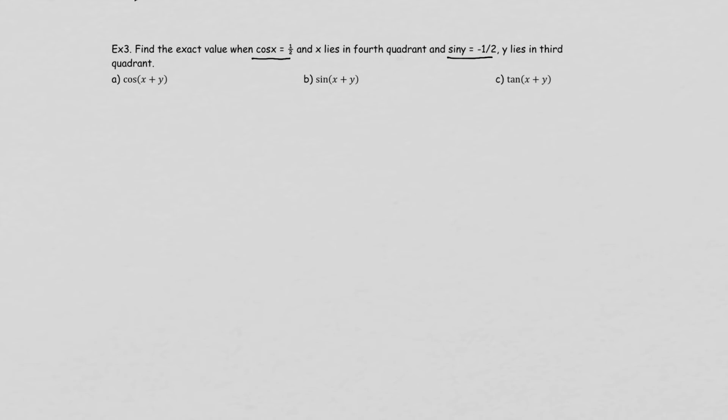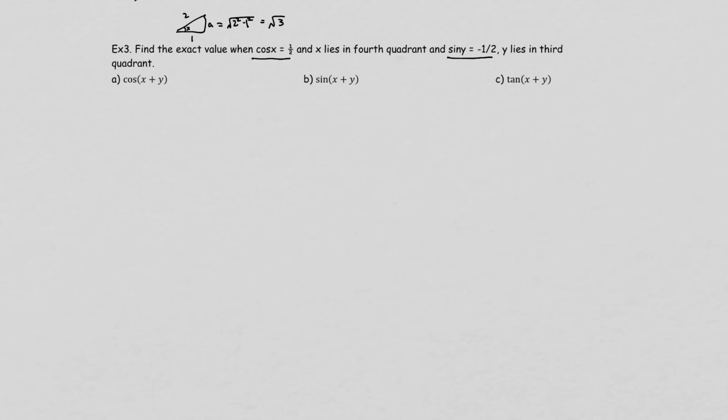So I'm going to graph here the angle x when cosine is 1/2. Then your a value is going to be the square root of 2 squared minus 1 squared, which is 4 minus 1, so it'll be square root of 3.